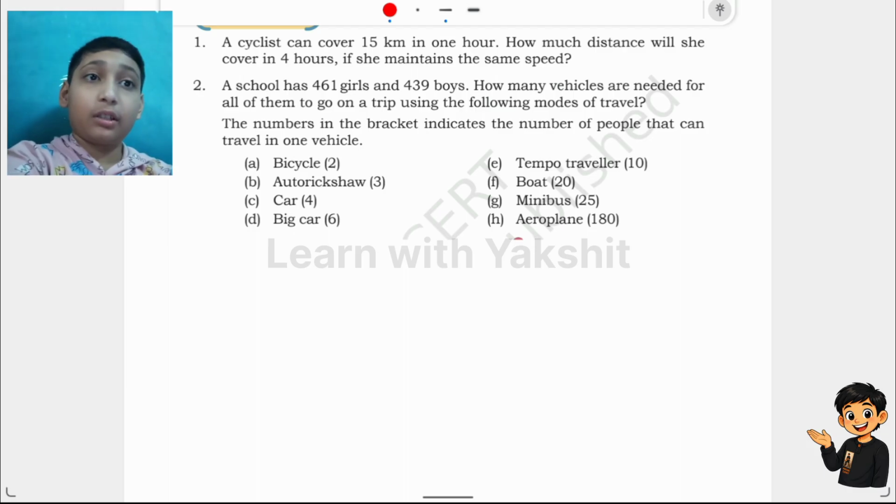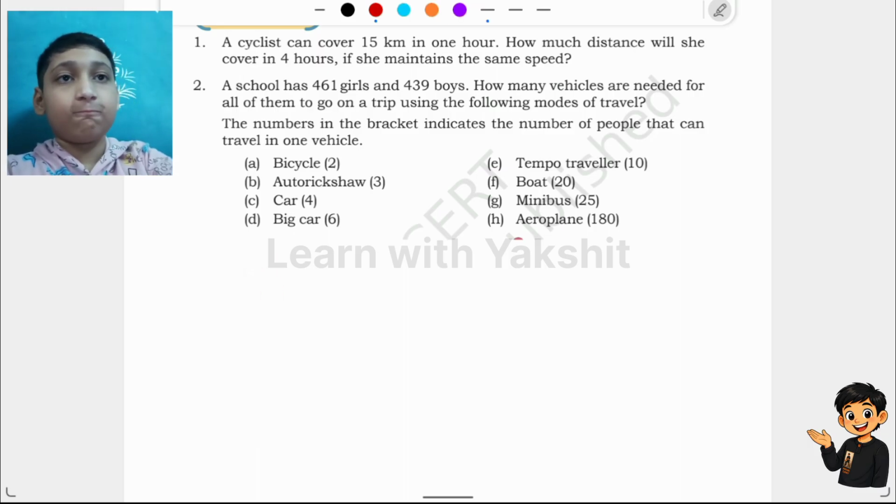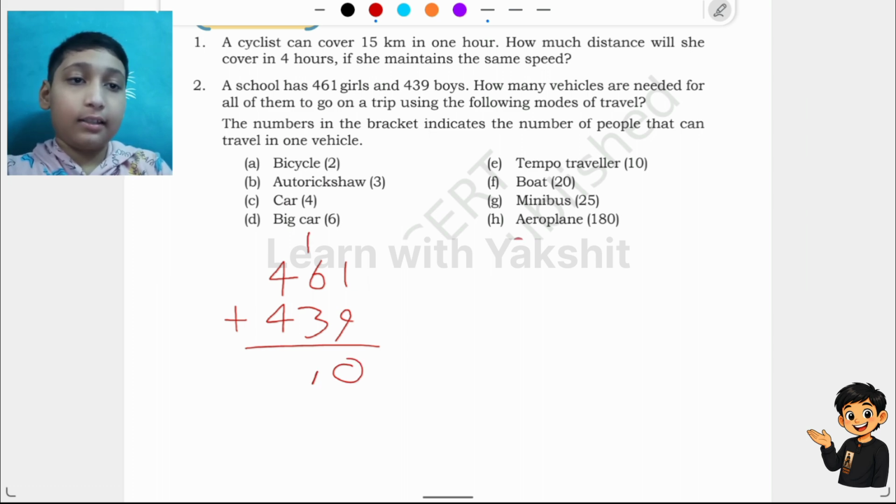Now we have to total how many students are there. If we add the girls with the boys, then that makes it zero there, carry, and then another zero there, one carry, then 9.